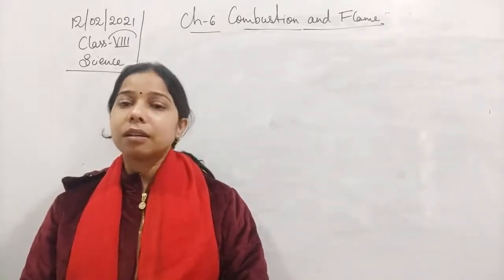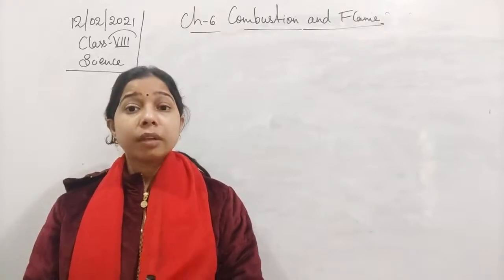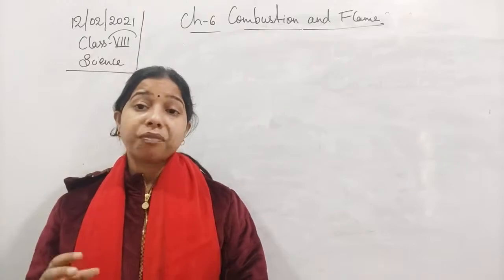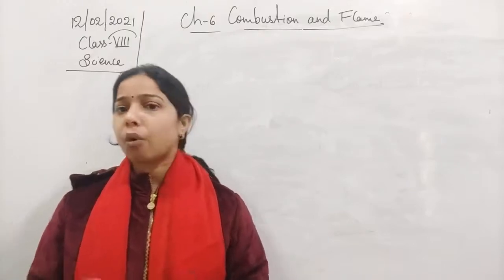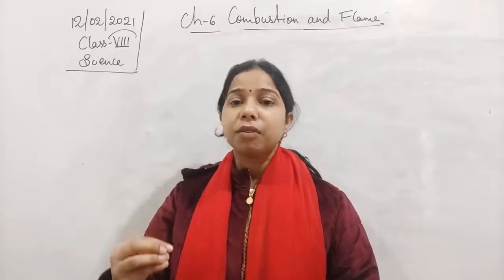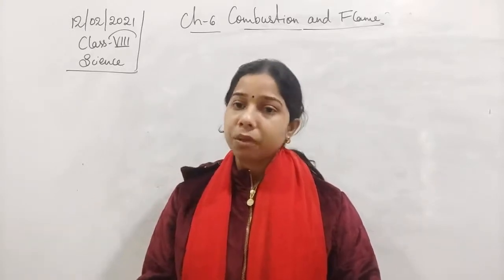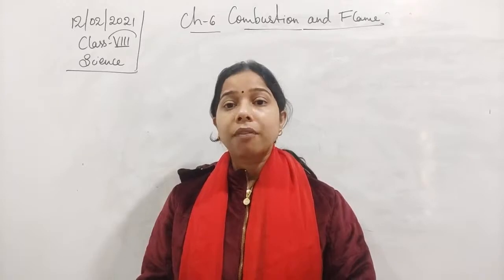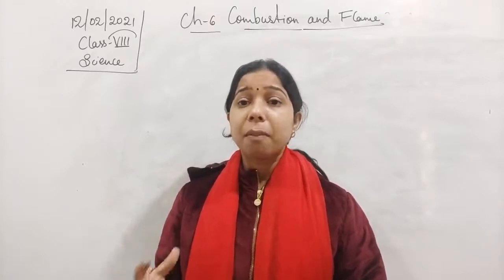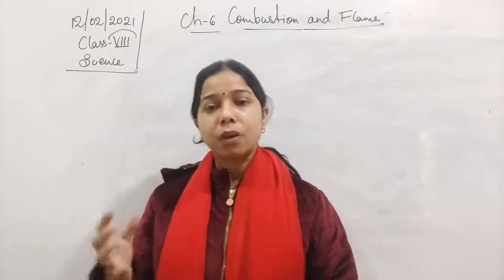So this is the candle. You see, students, here we have divided the flame on the basis of oxygen availability, which we have already seen in the previous classes about the luminous flame and the non-luminous flame. So I hope you all have understood how a candle burns. Basically, it is made up of paraffin wax, and there is a cotton wick.